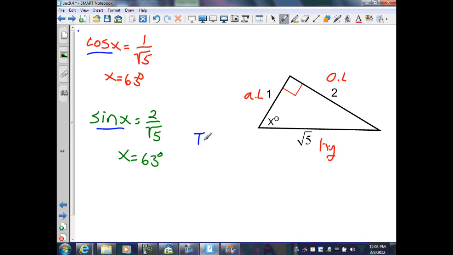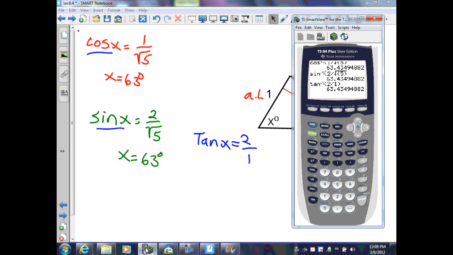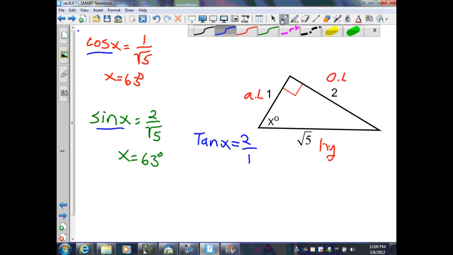Now, the only other ratio I want to try is the tangent ratio. So the tangent of x. And remember, from the previous section, tangent is opposite, which is 2, over the adjacent, which is 1. Again, we substitute that into my calculator. And when I do that, second tan, 2 divided by 1, I get 63.4 degrees again.